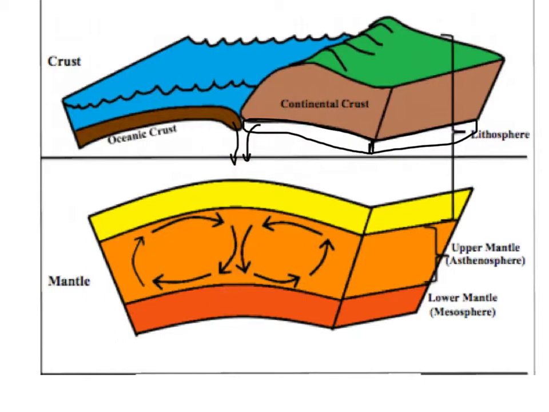What happens to the temperature of our Earth as we travel further towards the interior? Good. So as we go down, we see heat increasing. Let me get a different color here so that I can depict that. As we travel down, we have the increase of heat.